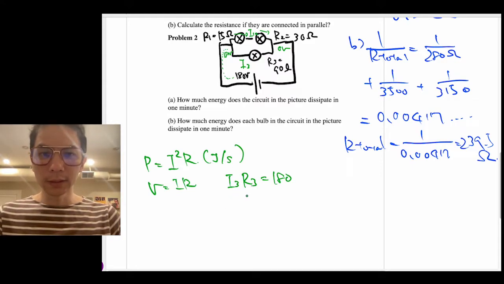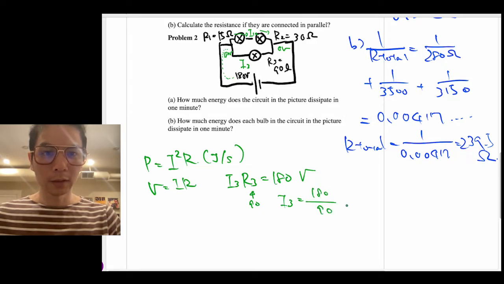And since this R3 is 90, I3 can be calculated as 180 divided by 90, which is just 2 ampere.